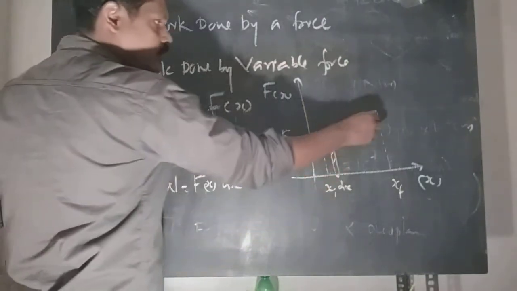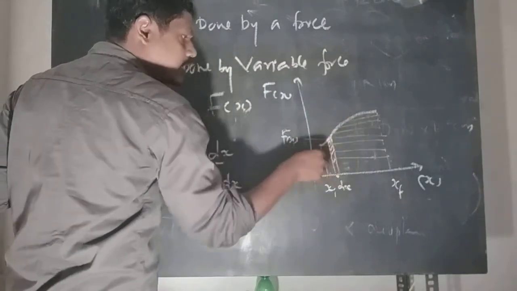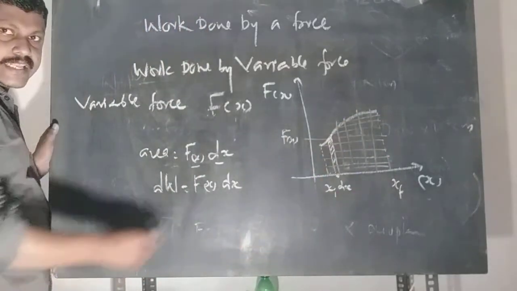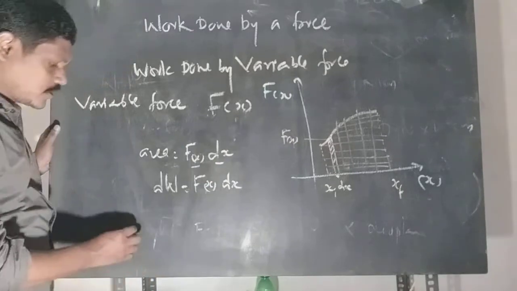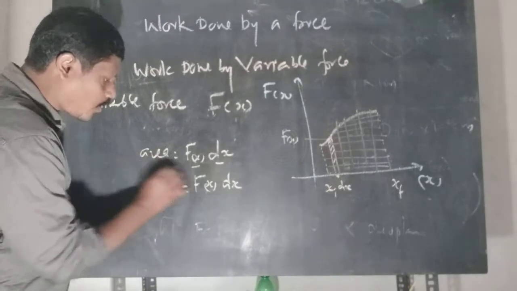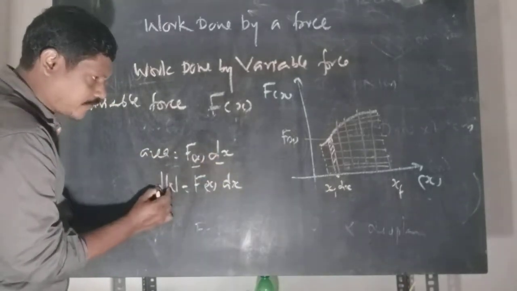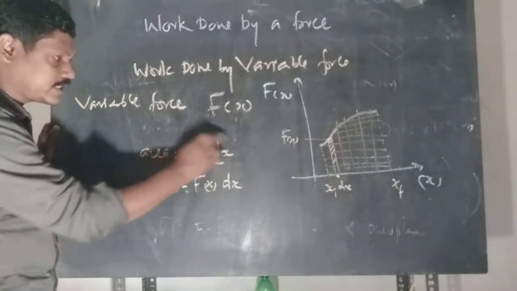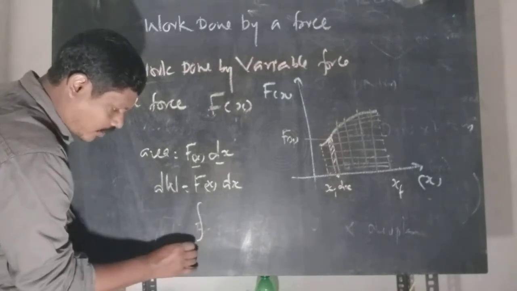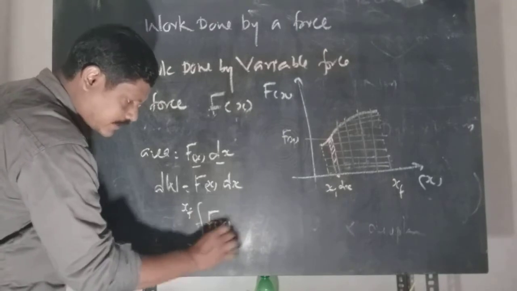Now, to get the total work done from initial to final displacement, we have to find the area under the force displacement graph. So we find the sum of these small areas, each equal to the work done by the variable force for a short displacement. How do we find the sum? We find the integral from xi to xf of F(x) dx.